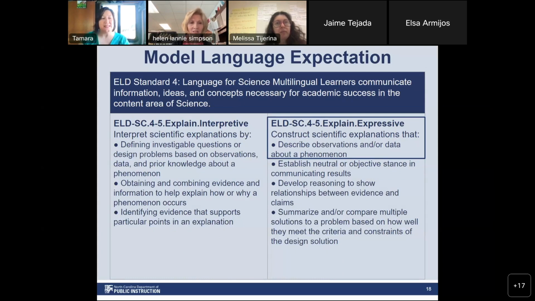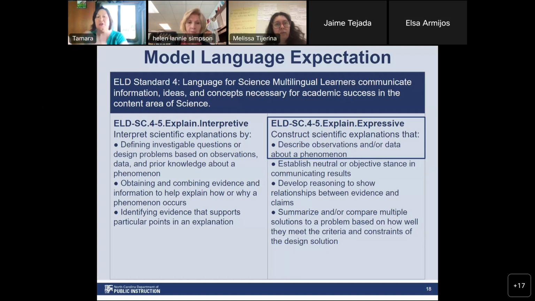So here at the top in the navy blue box, you're going to see English language development standard 4, language for science, which says multilingual learners communicate information, ideas, and concepts necessary for academic success in the content area of science. And as Laney says, sort of fill in the blank. That works for all 4 of our content areas, plus our social and instructional language standard 1.